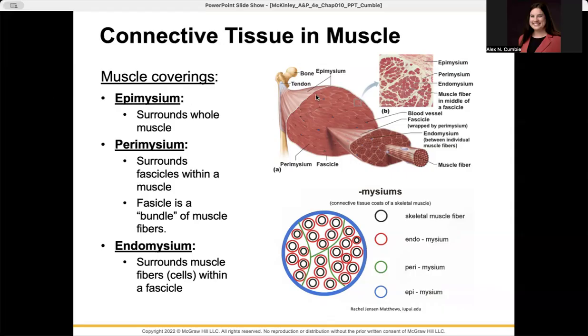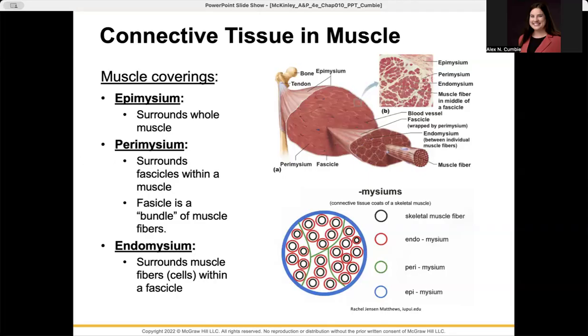Epimysium is going to surround the entire muscle. So the cell goes into bundles called a fascicle, and then we have a bunch of fascicles making up the muscle. All those fascicles are brought together and surrounded by epimysium, epi meaning on the total outside, and then mysium for muscle. Each fascicle, of the bunch of fascicles in the muscle, is surrounded by its own connective tissue layer called perimysium.